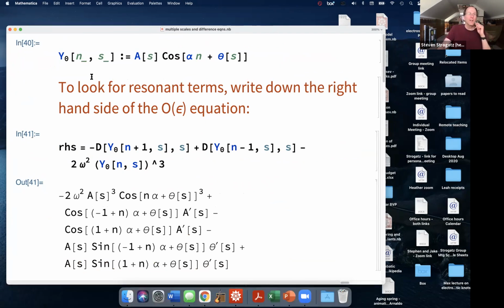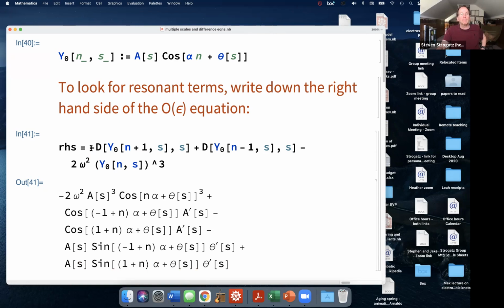So I'm just going to write down my y0 of n comma s. There it is, a of s cosine alpha n plus theta s. Now, to look for the resonant terms, I'll write down the right-hand side of the order epsilon equation and just call it RHS.